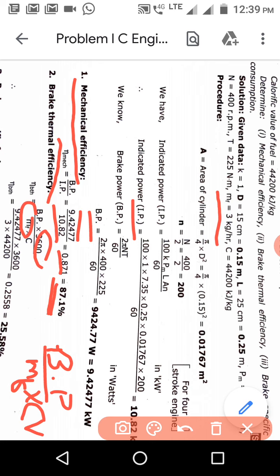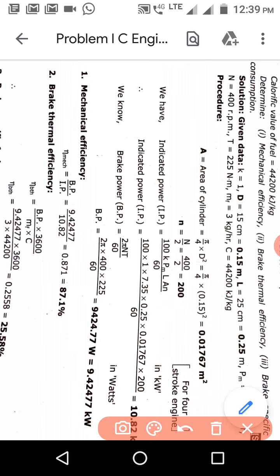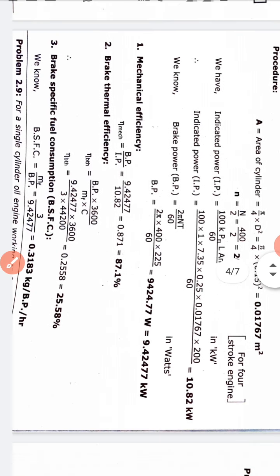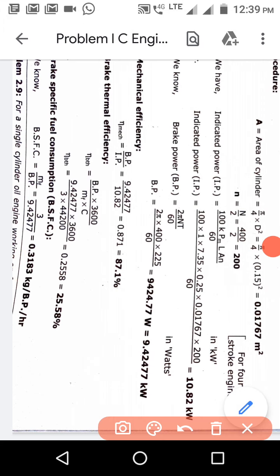But whenever the mass of fuel is given in kilogram per second, you don't have to write this 3600. So our formula is this much only. Whenever the mass of fuel is given in kilogram per hour, only at that time we use the 3600. So here we have brake thermal efficiency equal to BP divided by mf into CV.